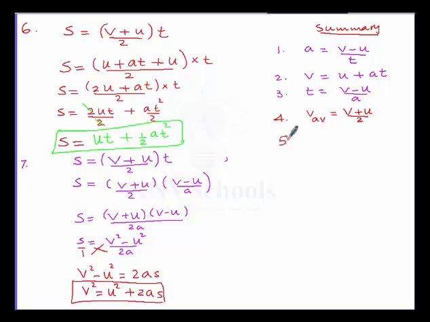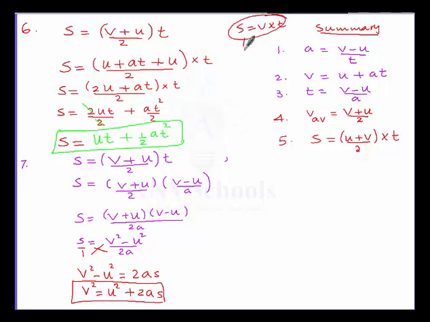The distance traveled by an object which is in non-uniform motion is given by initial speed plus final speed divided by 2 multiplied by t. This is for non-uniform motion. But if the motion is uniform, distance is simply given by v multiplied by t.